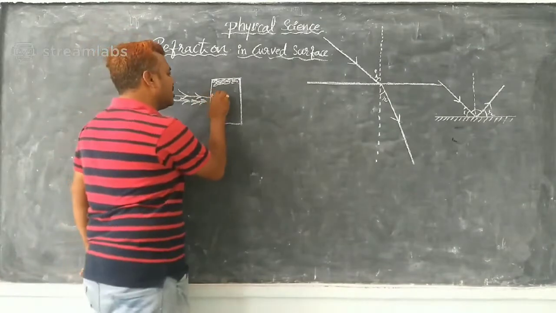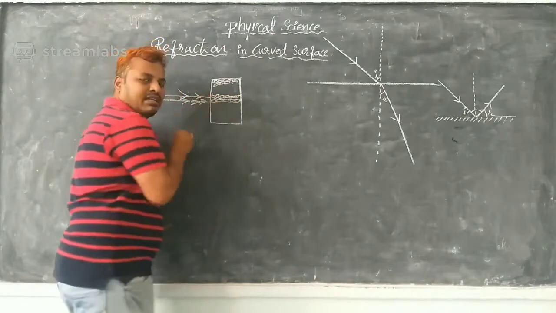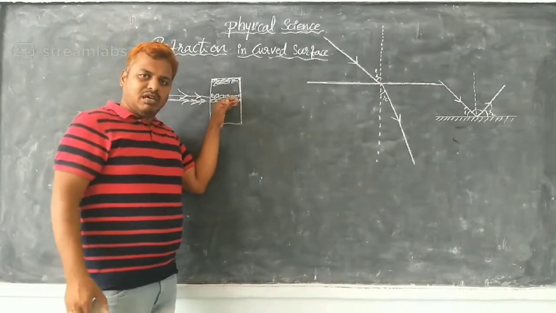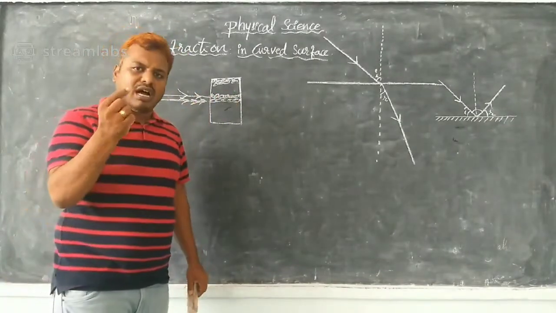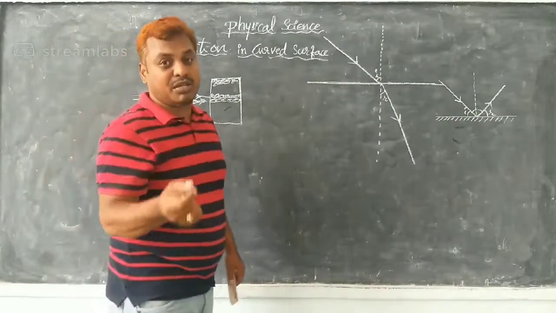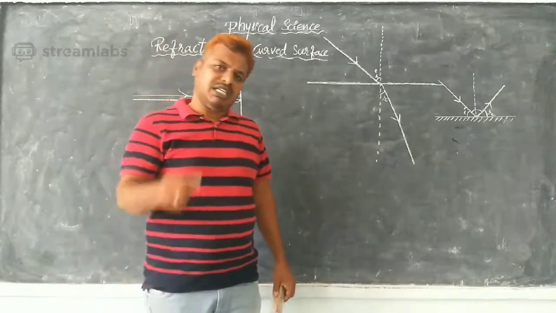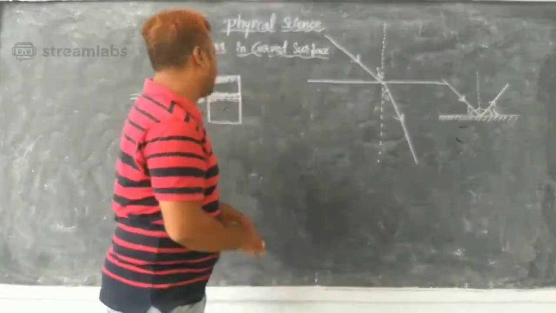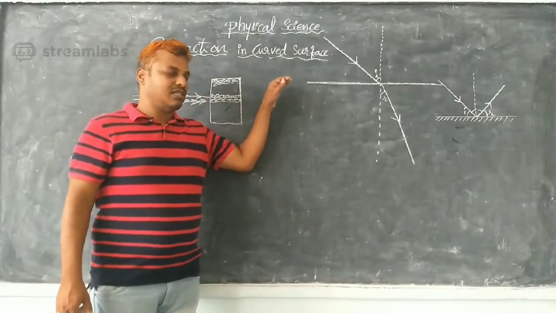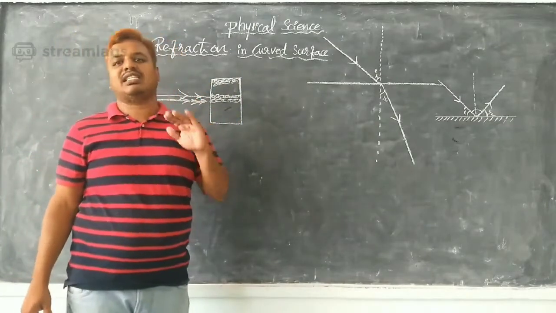So through a material medium, the light ray's speed reduces by a small amount, but it still travels with a high velocity. But when we compare with vacuum, the velocity of light in the material medium is lesser.